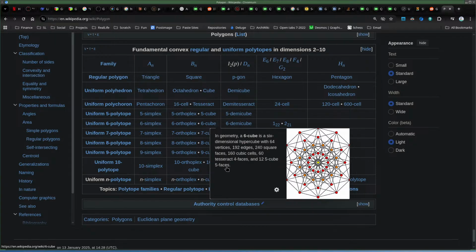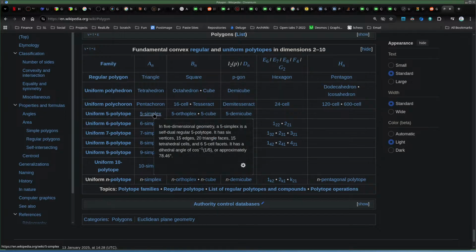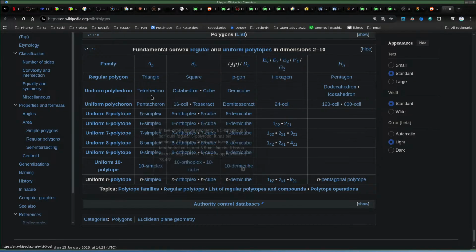Although maybe you're only allowed to say faces if it is still one dimension less of the total 6 here. So this is not a 6-face because we only have 6 dimensions. That's not what we have.